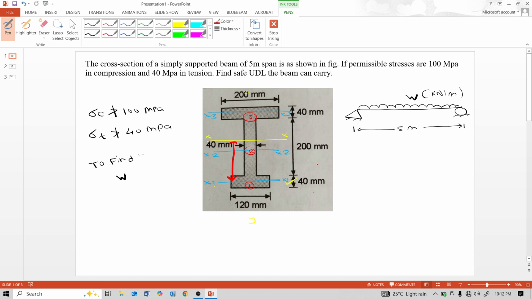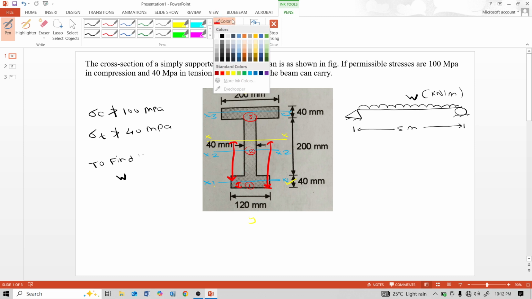Now to calculate this distance, first consider the total distance from the bottom fiber. That means this is the y bar distance minus this small distance, 20 mm.